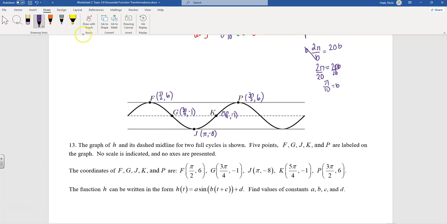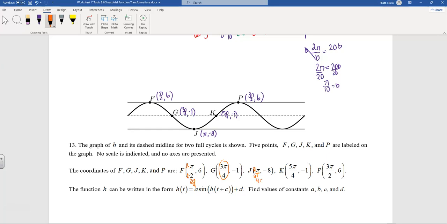Here is a suggestion. It is sometimes helpful to give everything common denominators, right? So if I've got pi over 2, 3 pi over 4, just pi, 5 pi over 4, and 3 pi over 2, if you go with the biggest denominator, 4, let's get them all to match 4. If I multiply this by 2 on top and bottom, this is 2 pi over 4. That one's 3 pi over 4. This is over 1, so I'd have to multiply by 4 on the top.